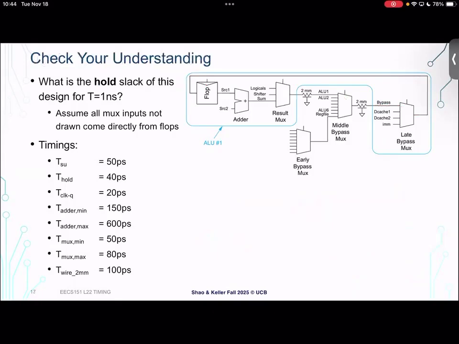Okay, so I'd like you all to try this next part on your own. Same circuit, just go ahead and analyze the hold slack instead of the setup slack. And go ahead and take 3 minutes to do this on your own.